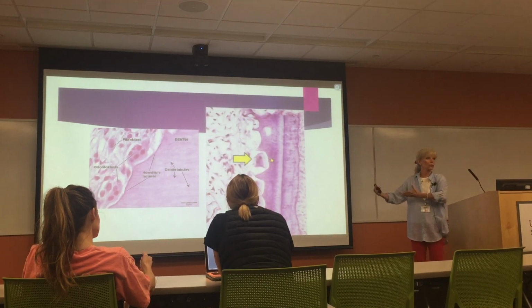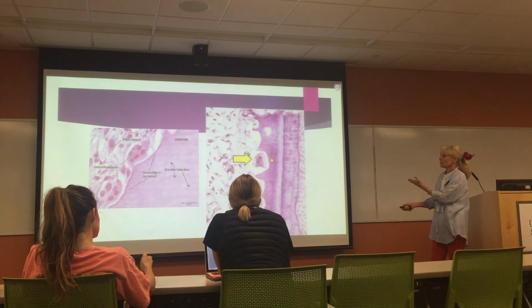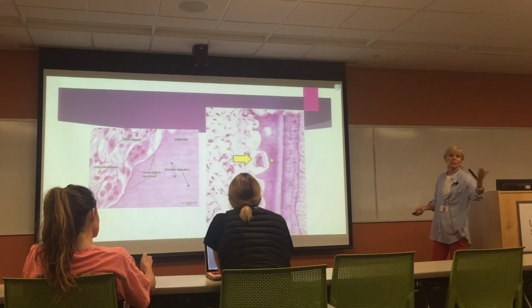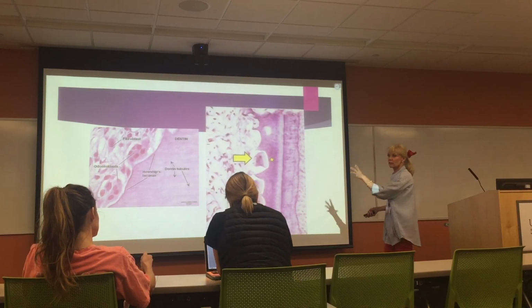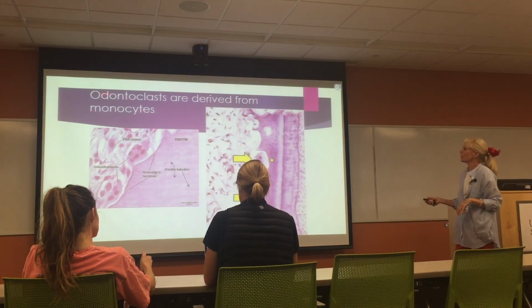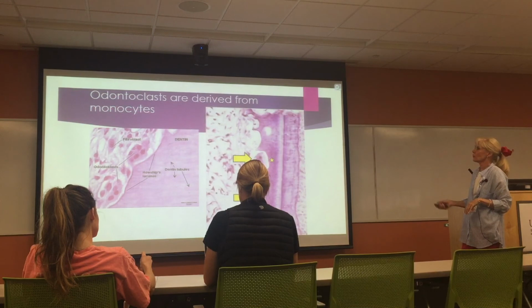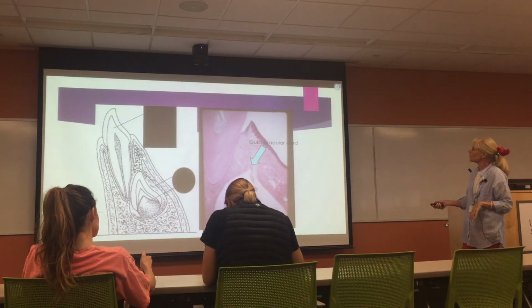So the key is, is it bone or is it tooth that you're seeing? If it's an osteoclast, there's bone there. If it's an odontoclast, there's tooth tissue there. And odontoclasts, they're interesting. They come from monocytes. That's not that important. Okay, so what's this little guy called?